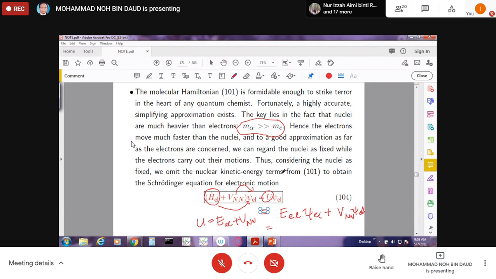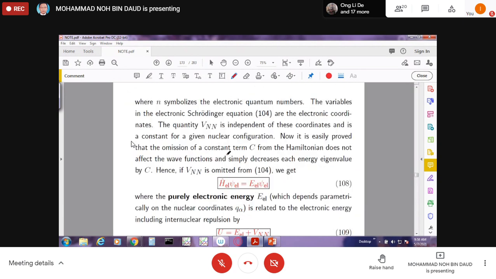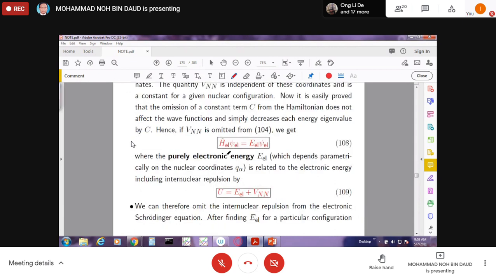Now we want to plot this. This is already defined, I already showed this one. This is VNN. So what is the most important thing when we use this approximation to get U?